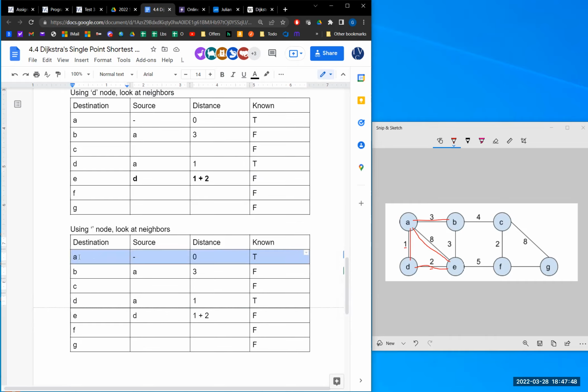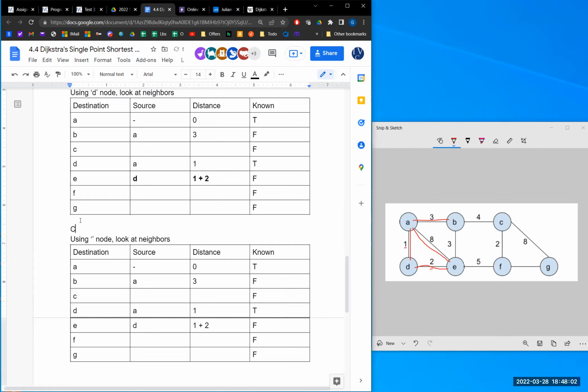The A path is start off completed. We have no information on paths for C, F, and G just yet. So we must choose between going to B for 3 versus going to E for 3. Choose the path to build, either 3 to B or 3 to E.